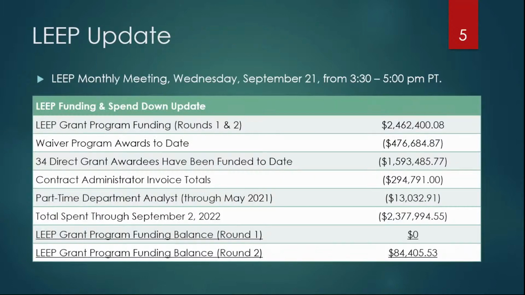Quick LEAP spending update. I want to clarify that round 3 funds are not identified here, only round 1 and round 2. Round 3 funds, I don't believe we've dipped into these. I have not updated this slide since we met previously, which was a couple Fridays ago. But we have met our goals in our spend down timelines for round 1 and round 2 funding, which will make us eligible to apply for a 4th round of funding.